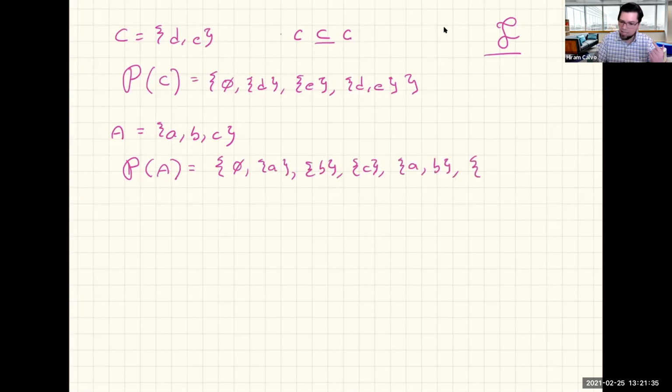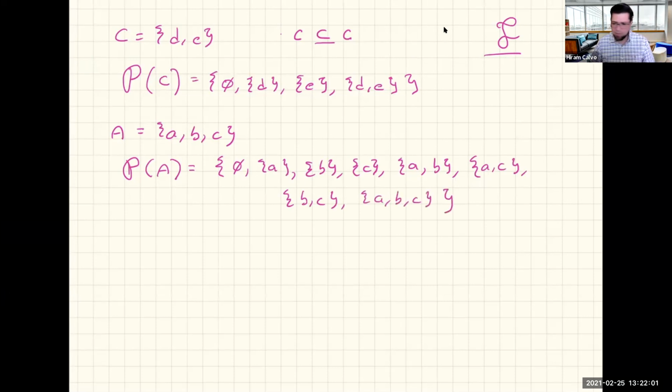Because we won't allow repetition in sets. So AB, AC, of course we don't have AA as well, but we do have BC, and I think that's it for the sets of 2 elements. Then what about the set of 3 elements? Well, we have only one, A, B, C.